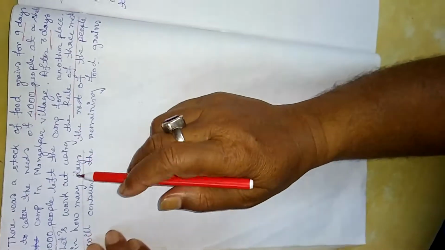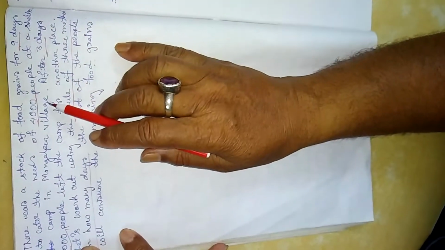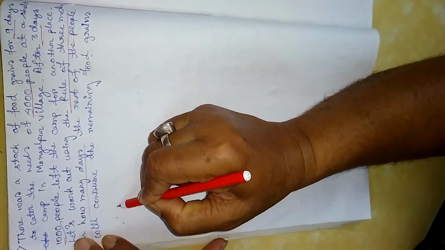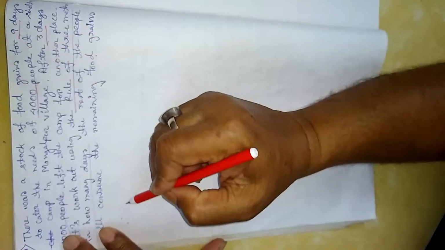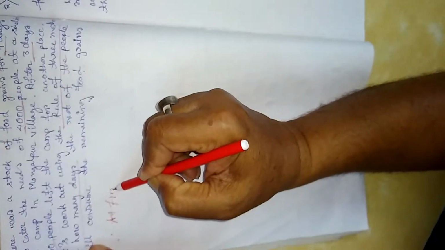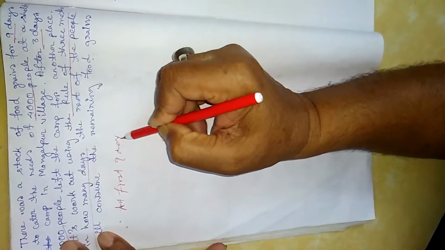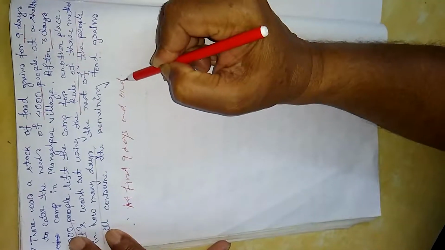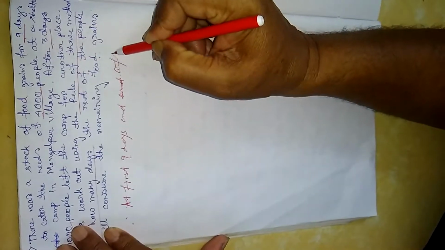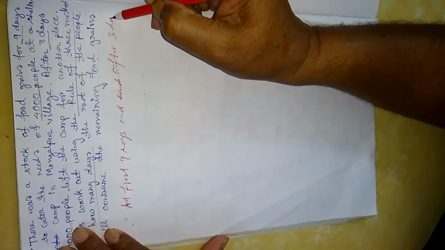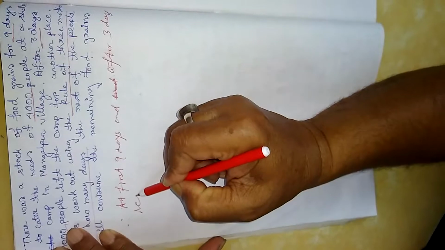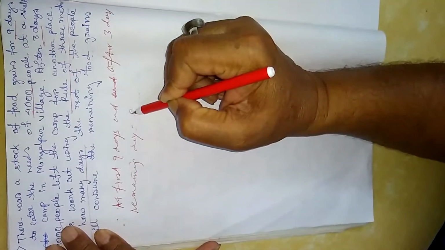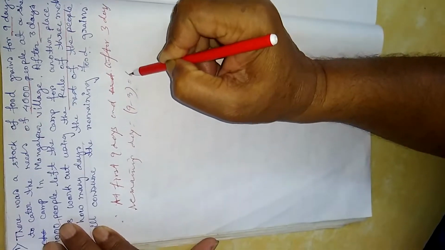Rest of the people. At first the number of people was 4,000. After 3 days, therefore, at first 9 days, and after 3 days, the remaining days equal 9 minus 3 equals 6 days.